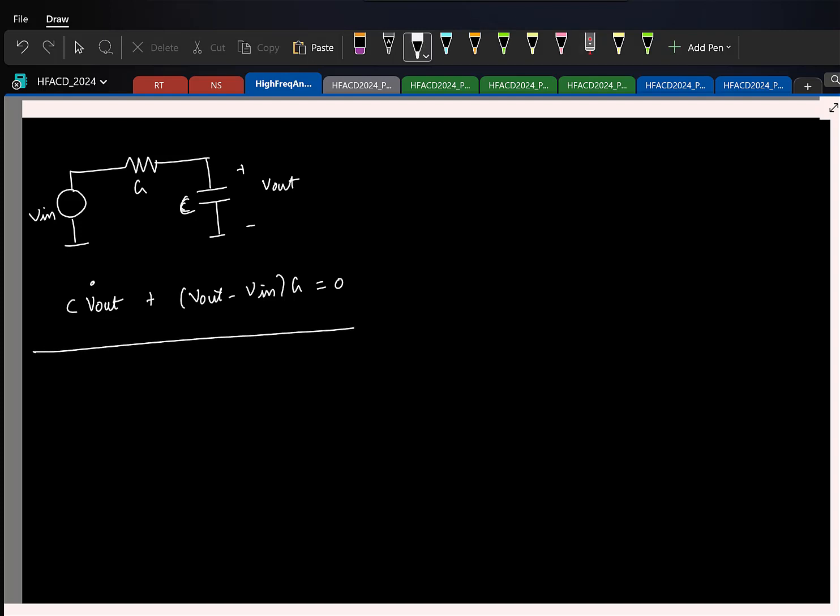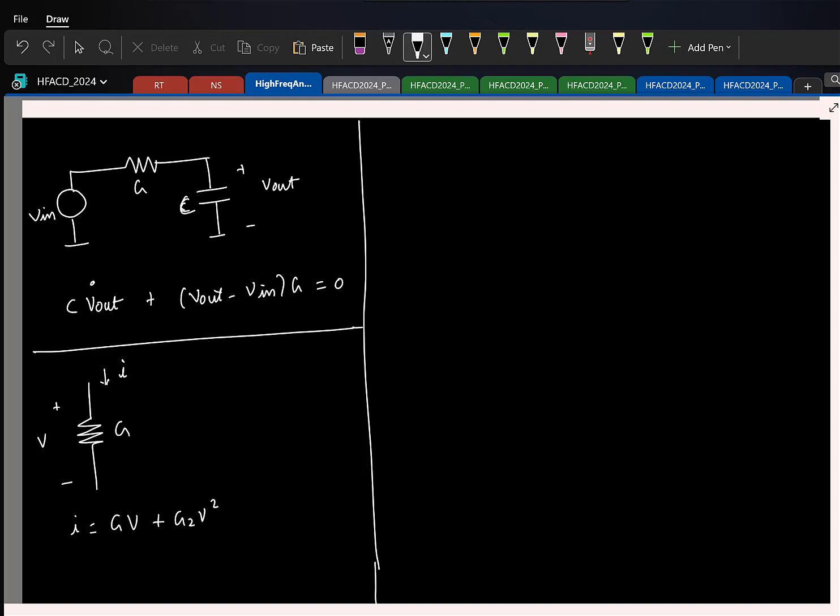So now let us say I introduce nonlinearity here. And for simplicity, I'll assume that the resistor is what is nonlinear. So if I have a linear resistor, if this is the voltage across a resistor, the current through the resistor is G times V. But now let us say I also have a second order distortion here.